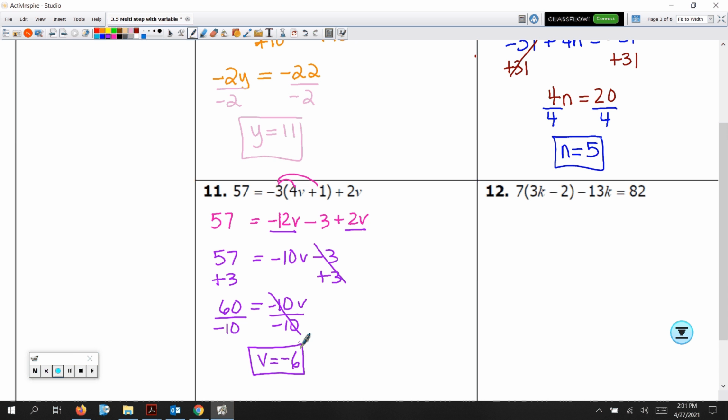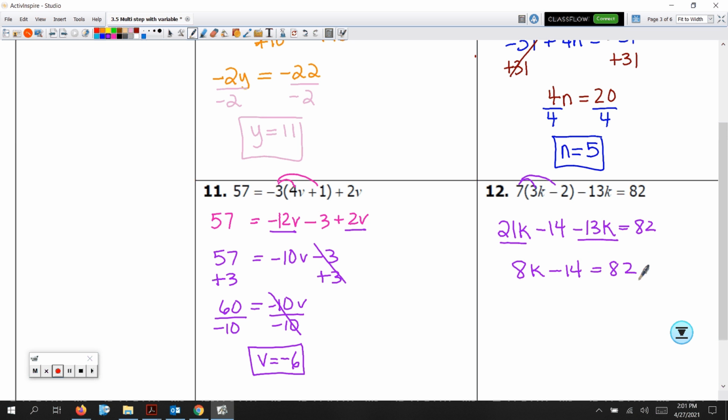All right, one more. Here we go. We're going to distribute 7. 7 times 3, 21. 7 times negative 2, negative 14. Bring everything else down. Combine like terms if you have them. I do have like terms. Positive 21k and negative 13k. They are both k terms. 21 minus 13 is 8.